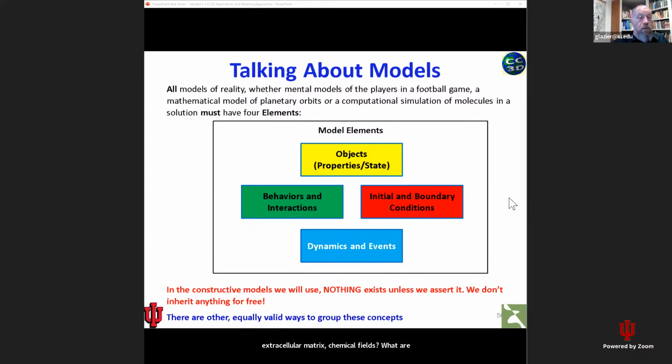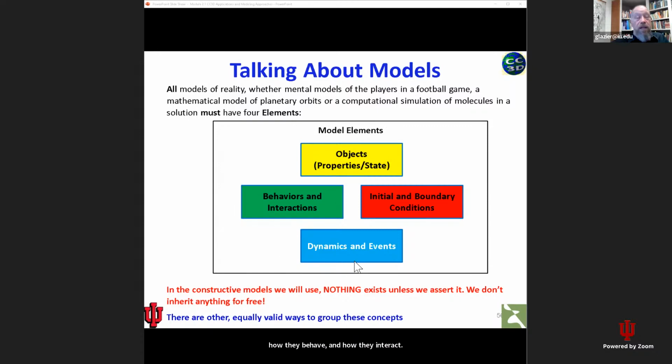We should always be asking why we're including them. Then what are their properties or states? What level of detail are we going to use to describe them? We have to make decisions about that. What could we measure? What could we infer? Then we have to decide what they do, how they behave, and how they interact. That's the fun part, usually.